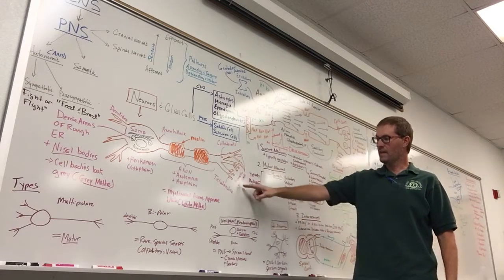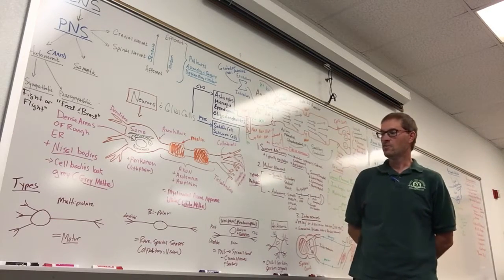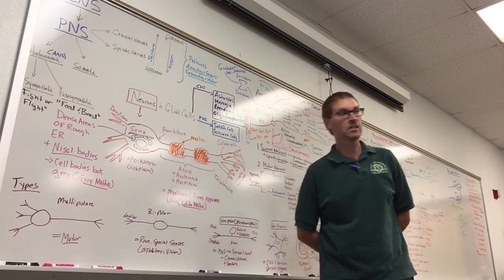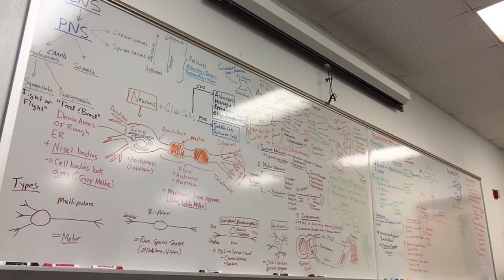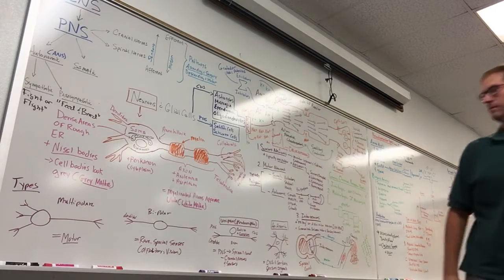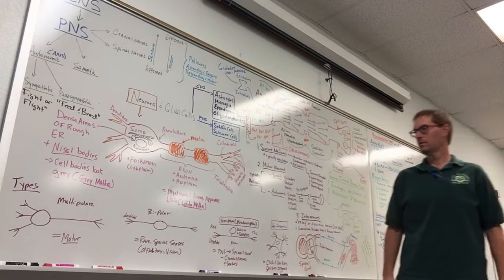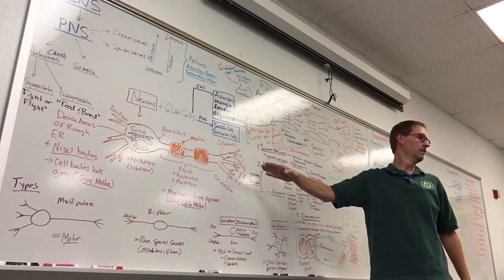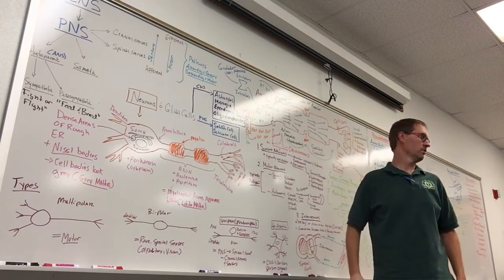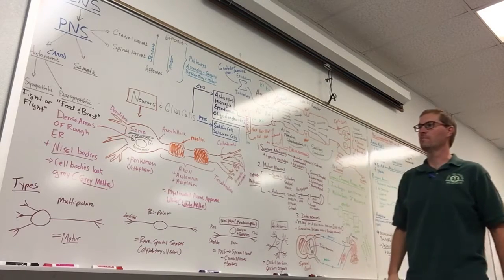And at the very end of the telodendria, you have the actual synaptic terminals themselves, where the neurotransmitters are stored. Those are called synaptic terminals. You guys okay with that? Just some new terminology, really, but shouldn't be too bad.